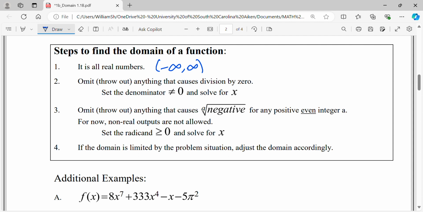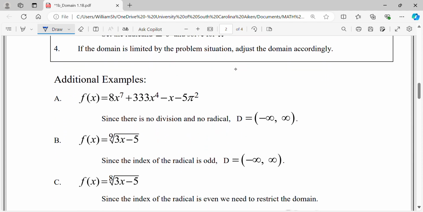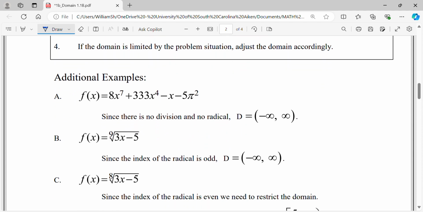Next, we're going to omit anything that causes the a-th root of a negative for any positive even integer a. For now, non-real outputs are not allowed. We need to set the radicand greater than or equal to 0 and solve for x. And last but not least, we need to look and see if the domain is limited by the problem situation itself and adjust the domain accordingly.